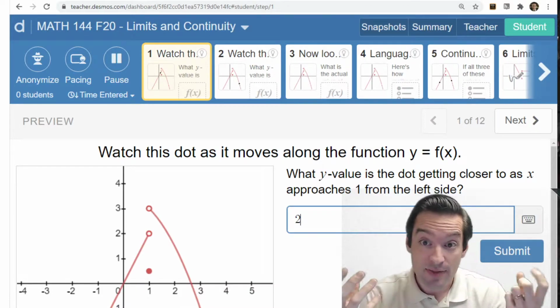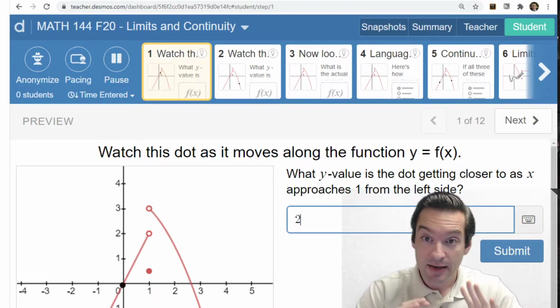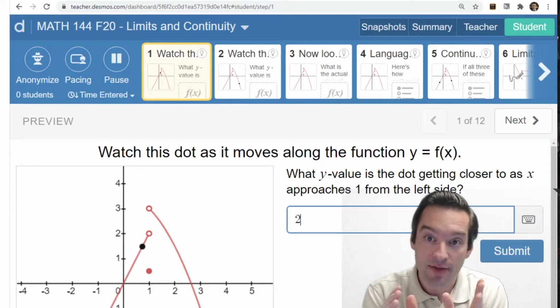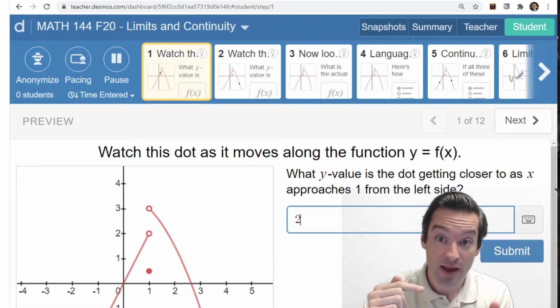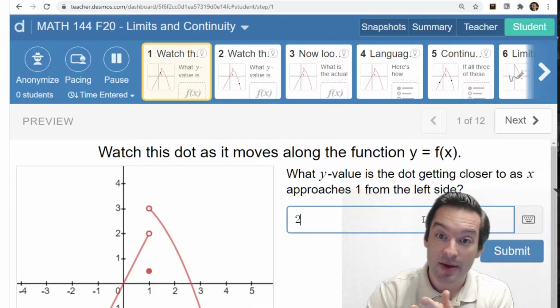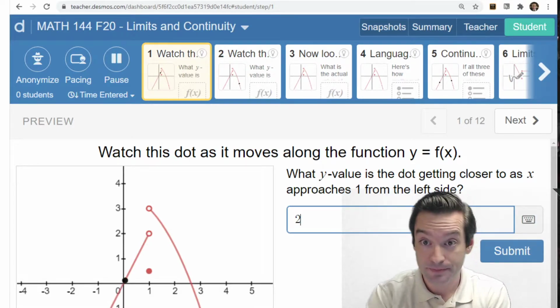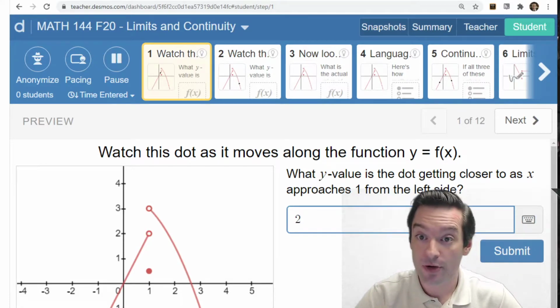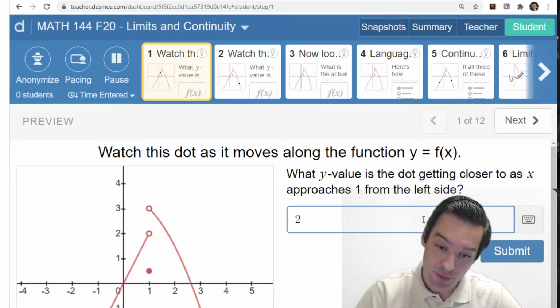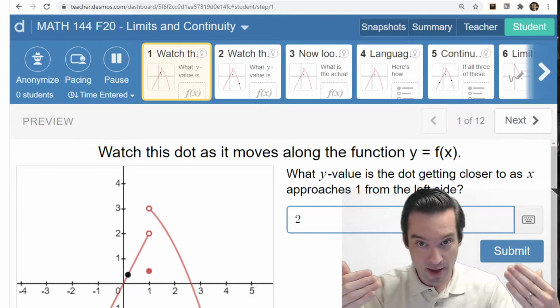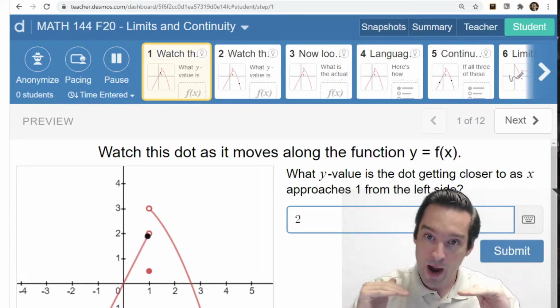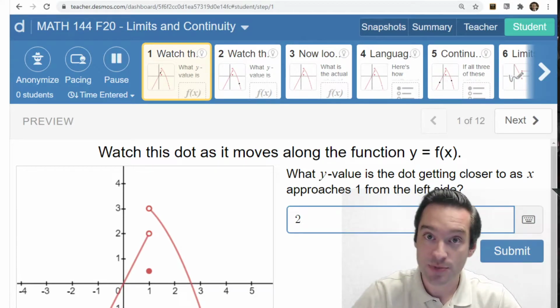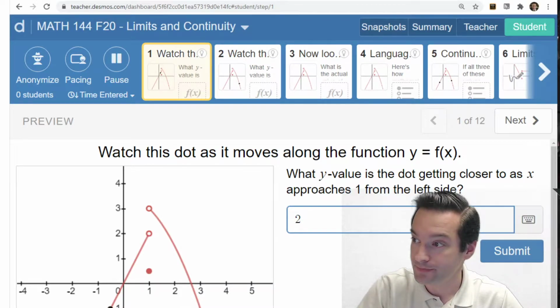What we would say in this example is that the left-handed limit of this function as x approaches 1 from the left-hand side has a y value of 2. And so this first activity is getting us to think and talk in those terms about limits and about approaching x values from either the left side or the right side and looking at what the y values are doing as we approach those given x values.